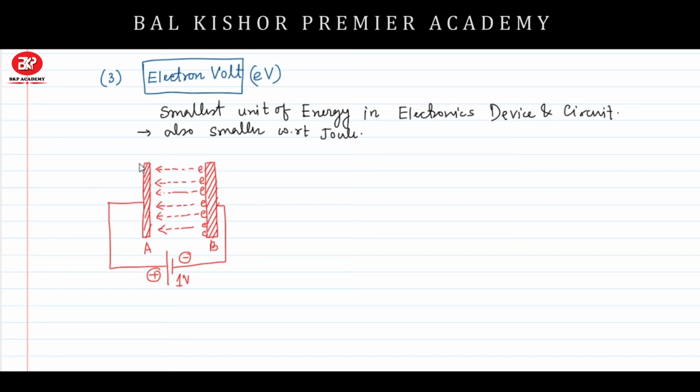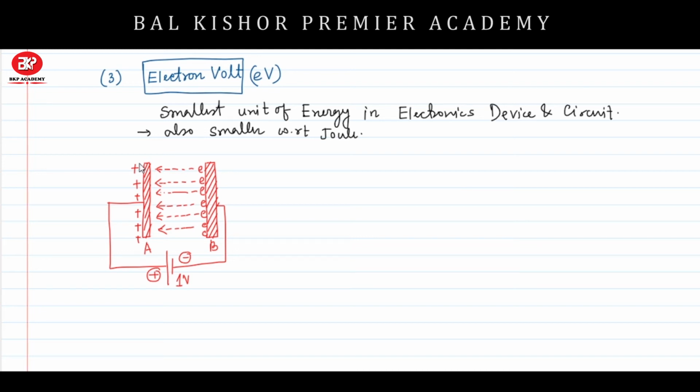So this A plate will be of positive potential. That's why these electrons are coming from this metal plate B to metal plate A. Now, from this case, we can define the unit of electron volt. What is that unit?